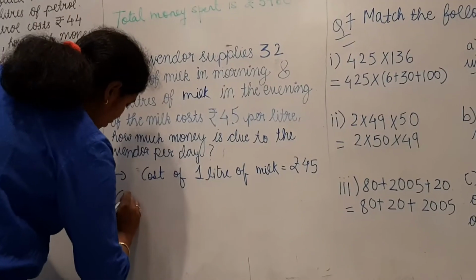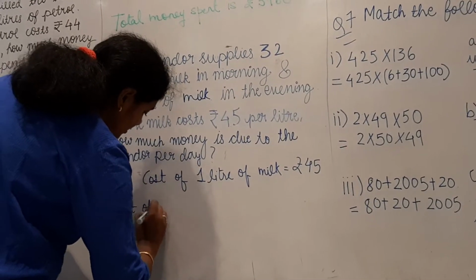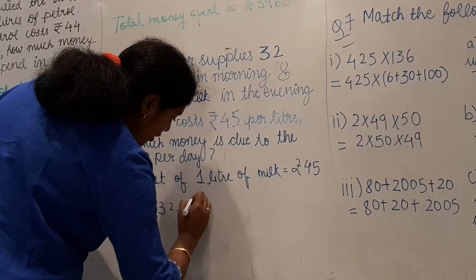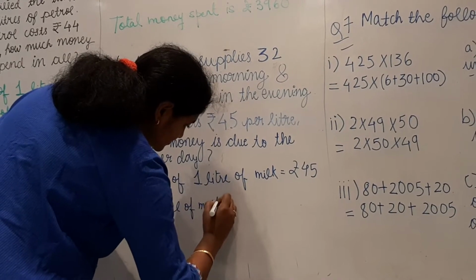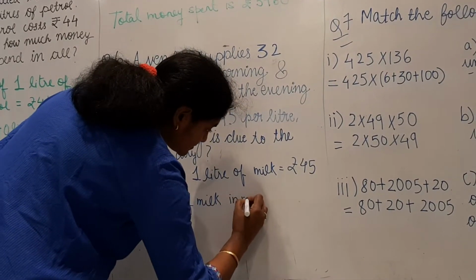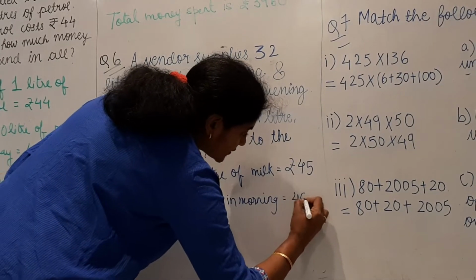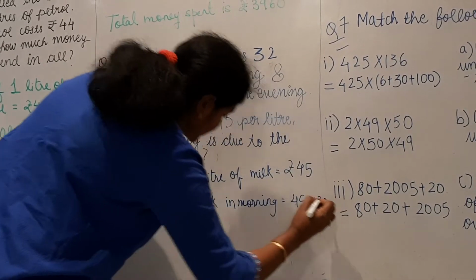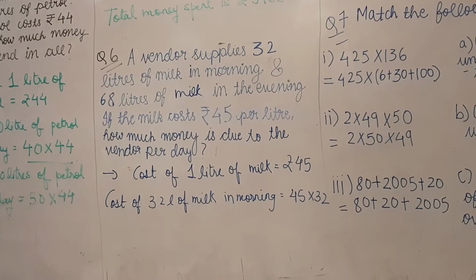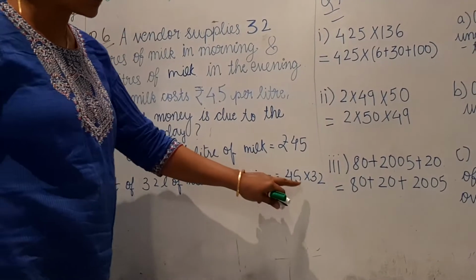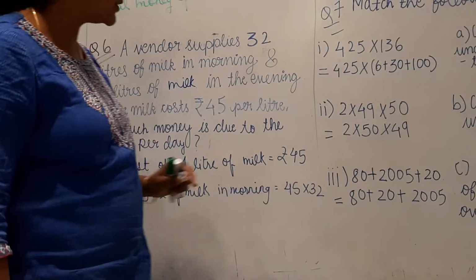So the cost of 32 liters of milk in the morning will be 45 into 32. 1 liter is 45, so 32 liters will be 45 into 32.